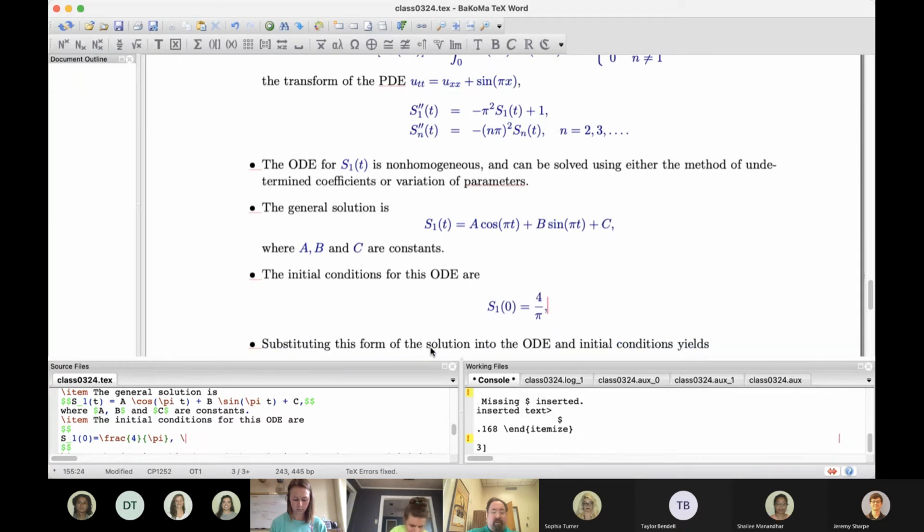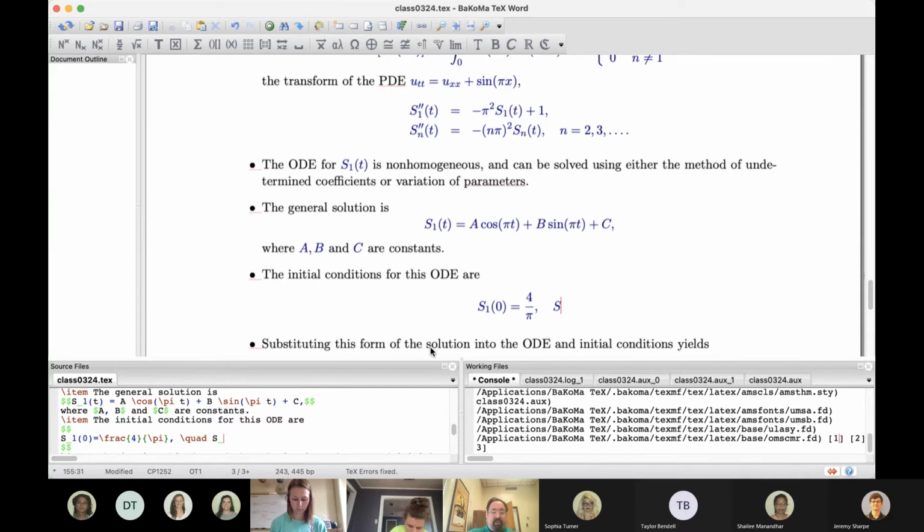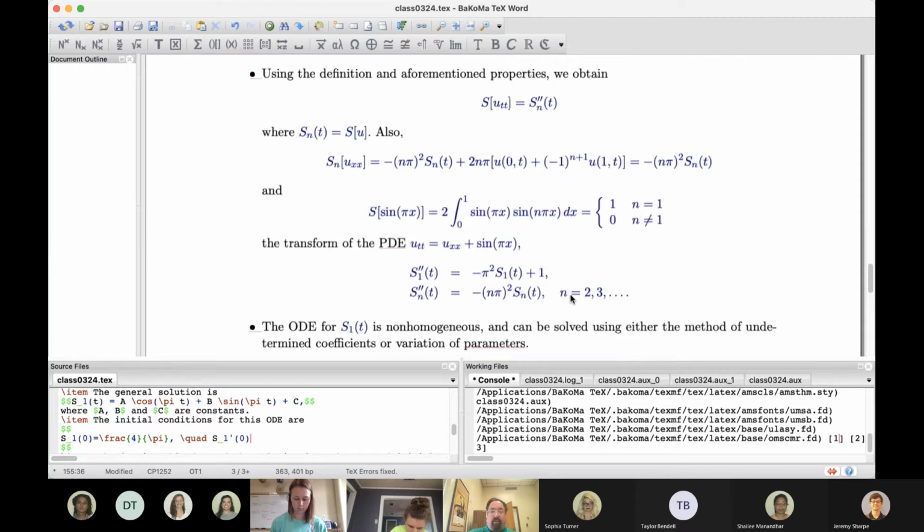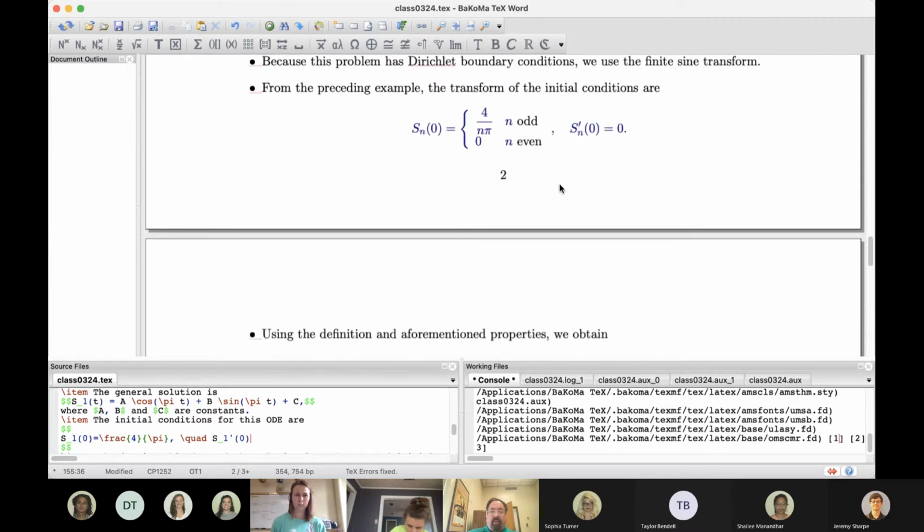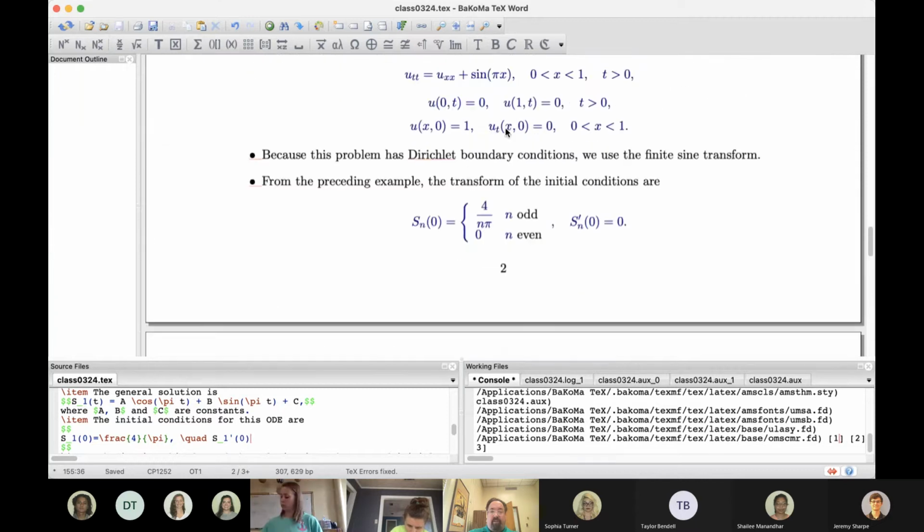But there's a second order ODE, so we need two initial conditions. S1 prime of 0. For that, we look at our other initial condition for du dt of x0. Well, that's just going to be 0. So we'll go ahead and fill that in.